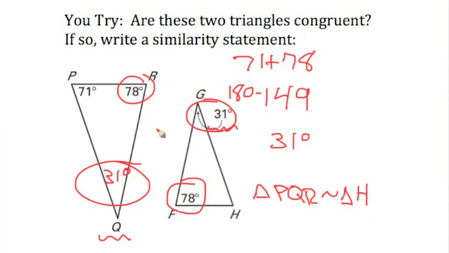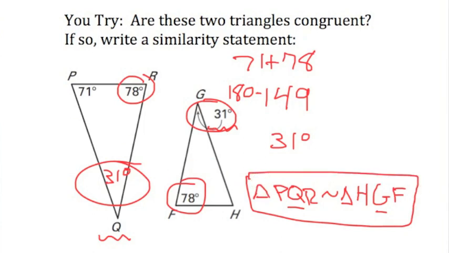So, oh, excuse me, I went from P to Q. So Q is 31. G is 31. So G has to be my next one since that matches up with the Q. And R is 78 and F is 78. So it has to be triangle HGF. So triangle PQR is similar to triangle HGF by the angle-angle similarity theorem.